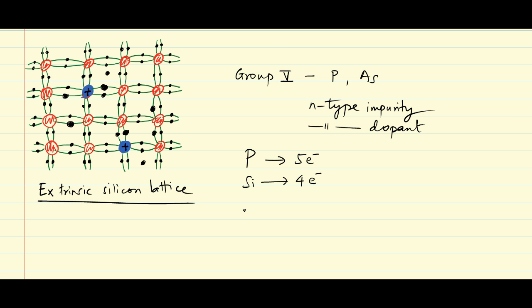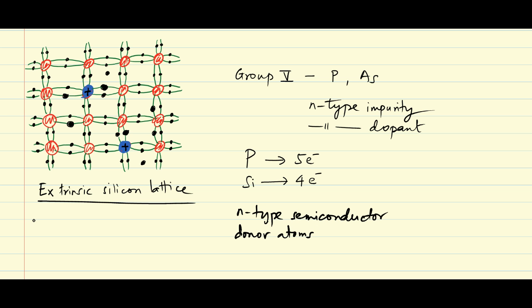Now such a type of semiconductor which is doped with an n-type impurity is called an n-type semiconductor, and the impurity atoms are called donor atoms. For obvious reasons, each impurity atom, in this case each phosphorus atom, donates one free electron to the lattice.